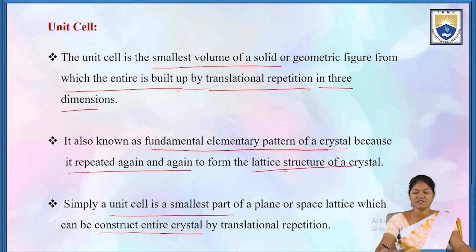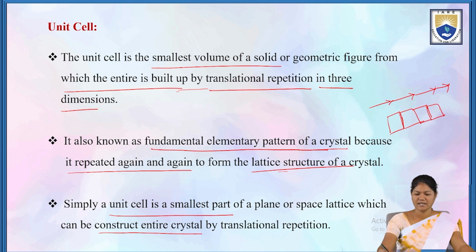Translational repetition means in a linear way. If we take this as a unit cell, it is translationally repeated so that the crystal structure is formed.